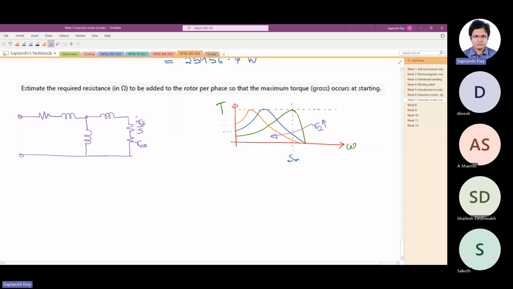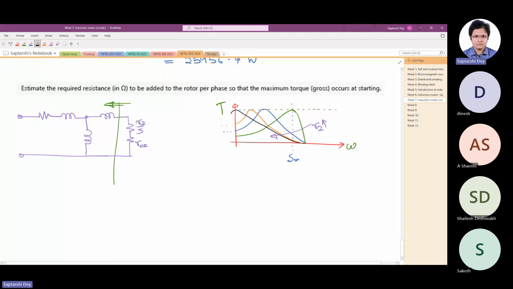This part of the circuit remains the same. So the question is, how much resistance is added so that the peak torque happens at starting, so that the characteristic becomes like this. Notice one thing, every curve matches at the same point. This is because the frequency of operation has not changed, so the synchronous speed has not changed.